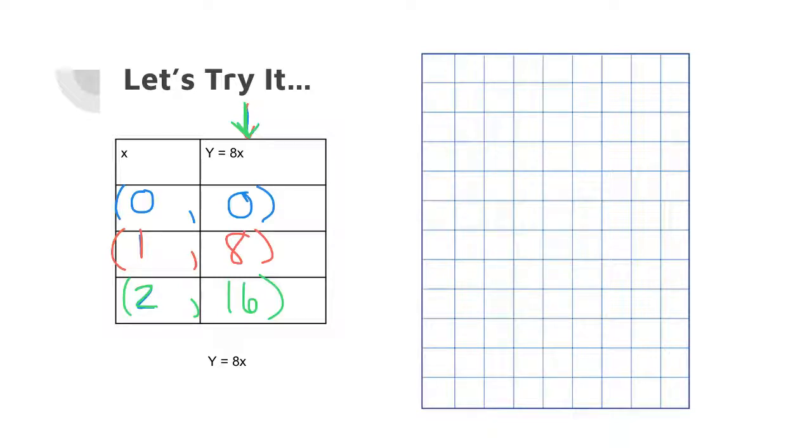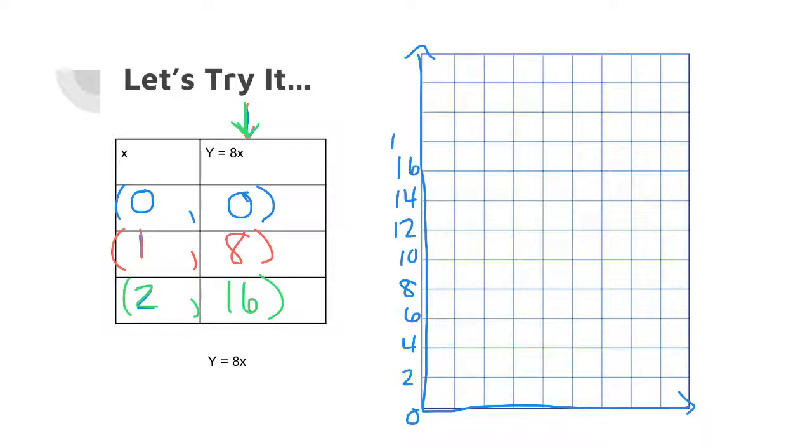I'm going to go ahead and draw in just quadrant 1 today. I'm going to count by 2s going up the side: 2, 4, 6, 8, 10, 12, 14, 16, 18.